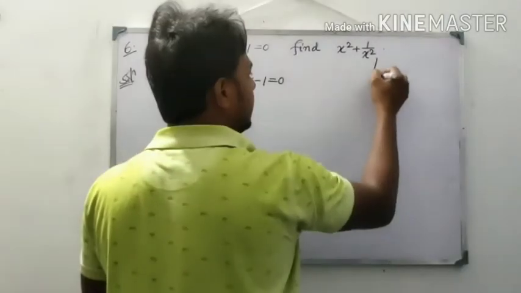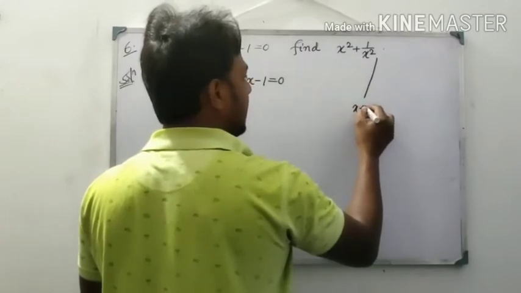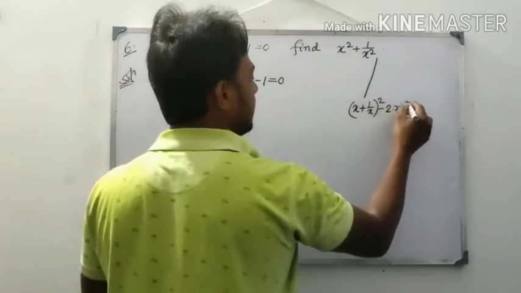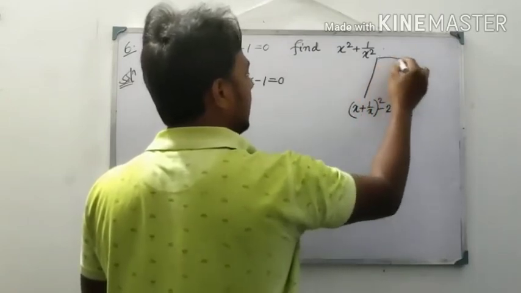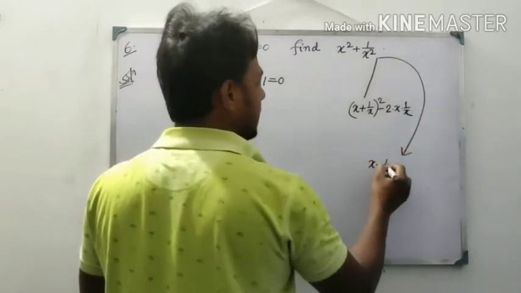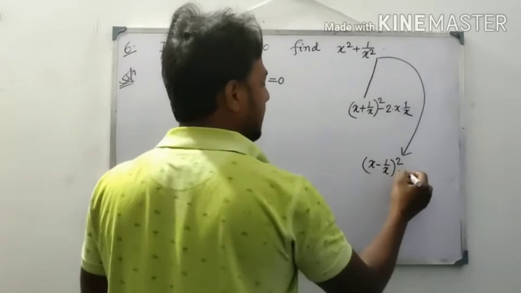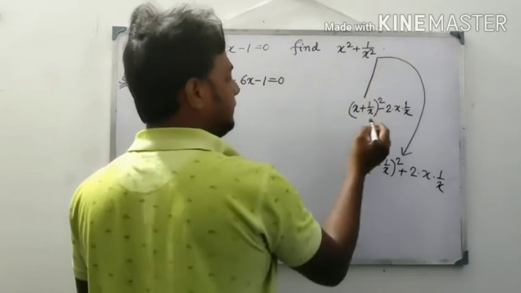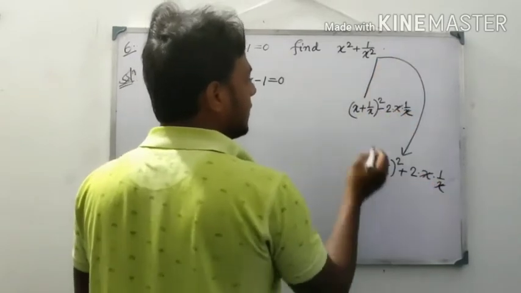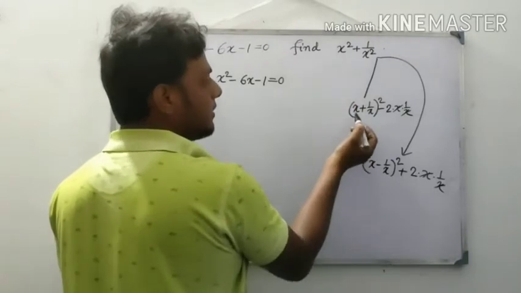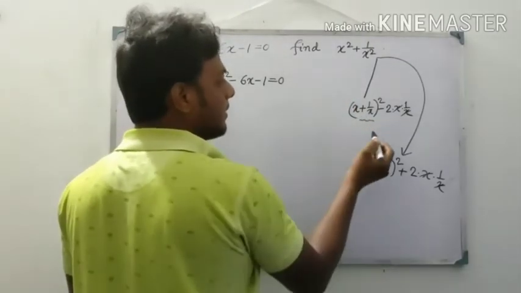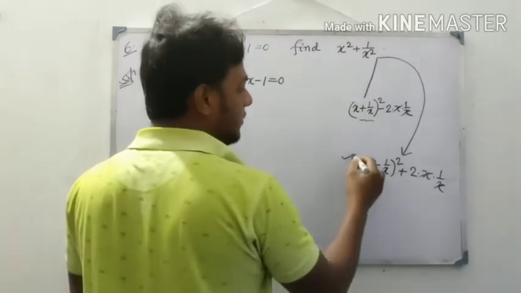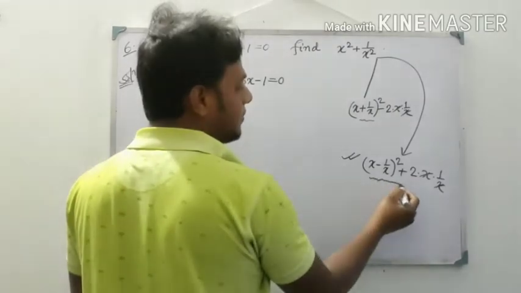You need either x plus 1 by x whole square minus 2ab, or we can also write x minus 1 by x whole square plus 2ab. Here x is cancelled out, here also. So to compute the value of x square plus 1 by x square, we need the value of x plus 1 by x, and 2 is there. Or if we use this one, then we need the value of x minus 1 by x.